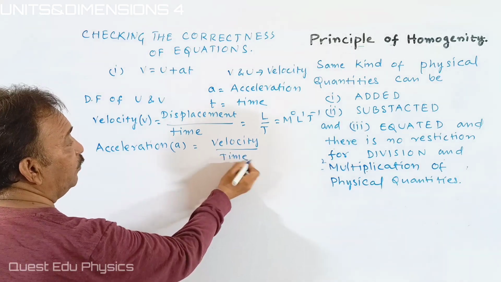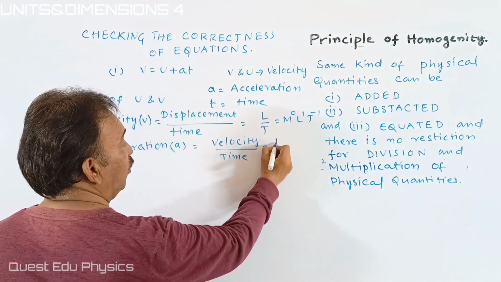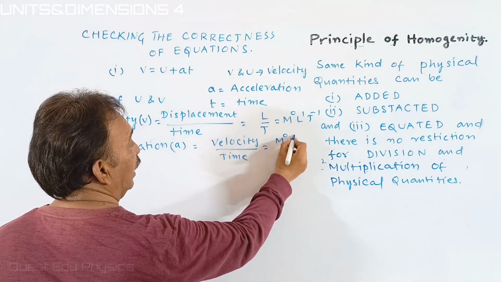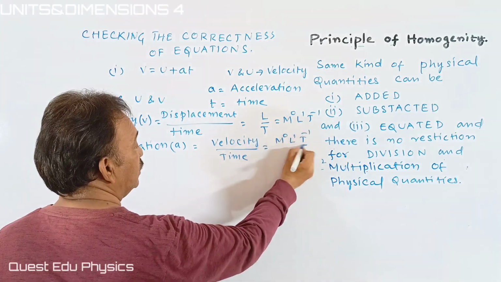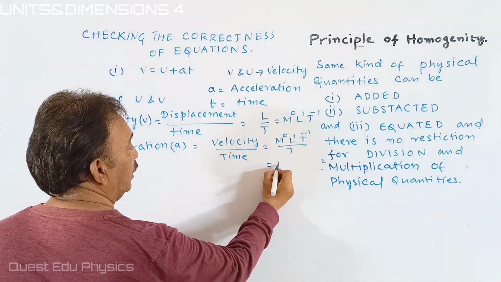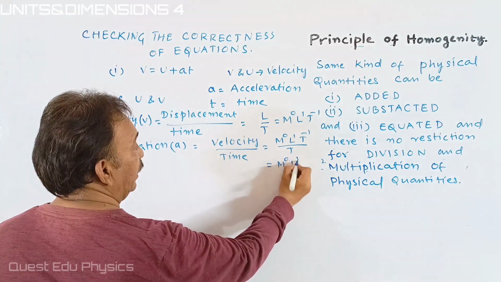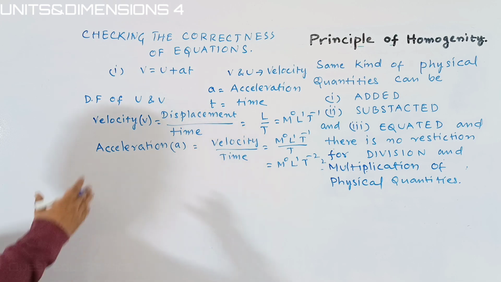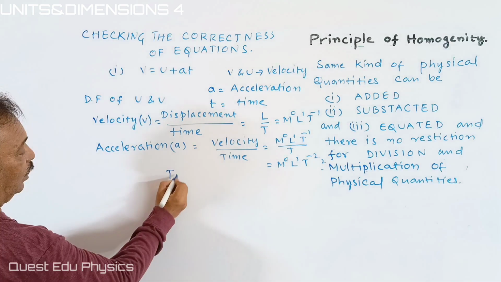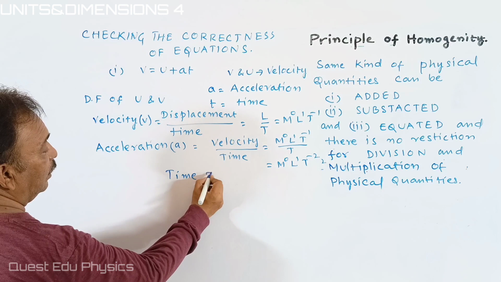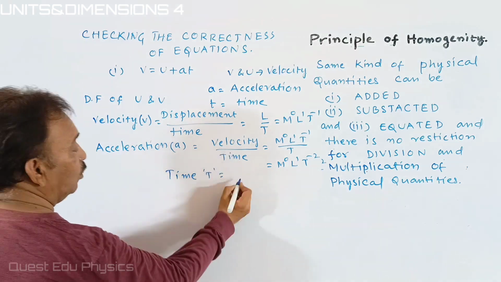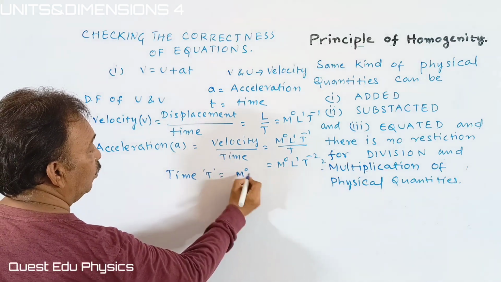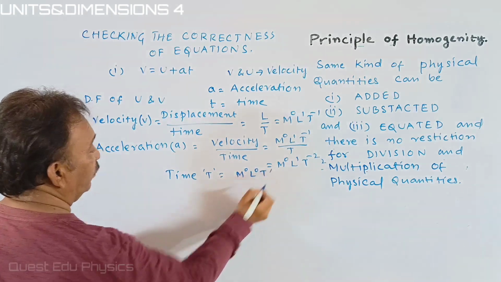Already we got the dimensional formula of velocity, M0, L1, T inverse, divided by T, that is M0, L1, T inverse 2. Okay, students, now we are substituting the values. Time T has the dimensional formula M0, L0, T1.